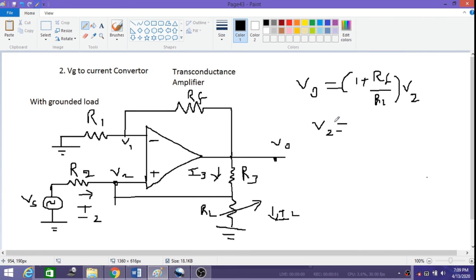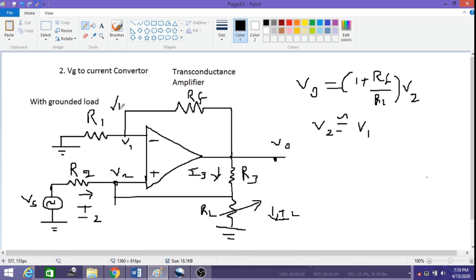If we analyze this circuit, we know that the output voltage for a non-inverting amplifier is given as V0 is equal to 1 plus RF by R1 into V2, and this V2 is approximately equal to V1 due to the virtual ground concept, because V1 is virtually grounded here.